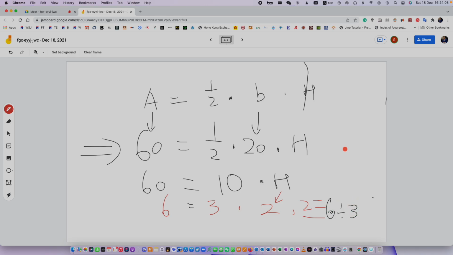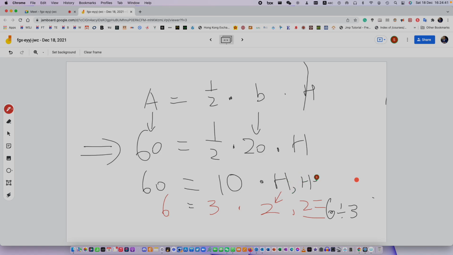Yeah. So 2 is equal to 6 divided by 3. So similarly, right on top of 2, h is equal to? Can you write h equal to? You need to write h equal to. You need to write the h again, with a comma to separate. Comma, yes.